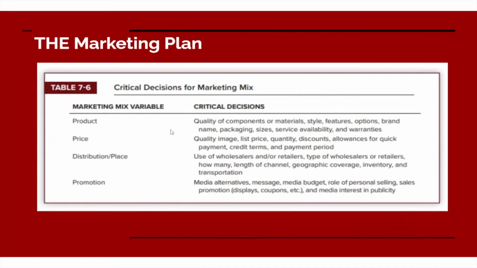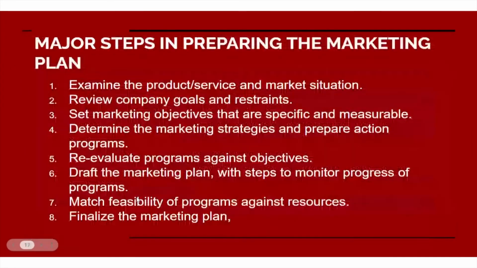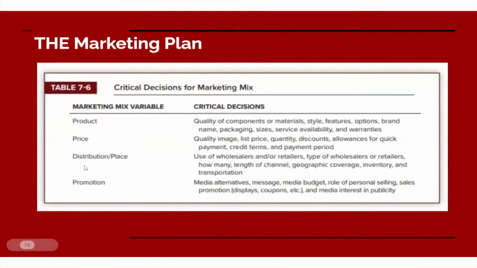Now, from a market planning perspective, you take all of that information and work through here to get an idea of how to go about thinking about the marketing plan. Looking at just the specifics of the external environment, this graphic looks at some of the influences: economic, competition, legal, social, cultural, and technology.